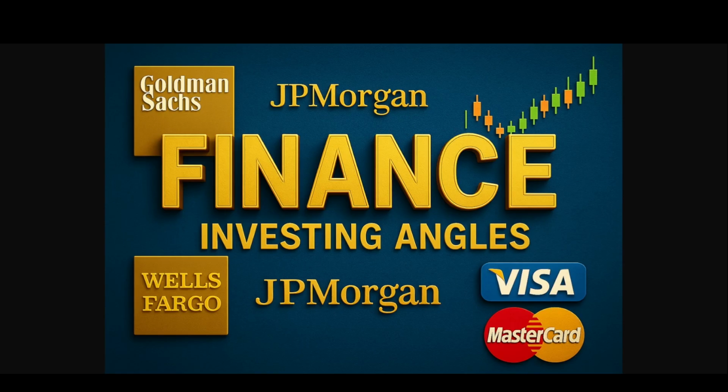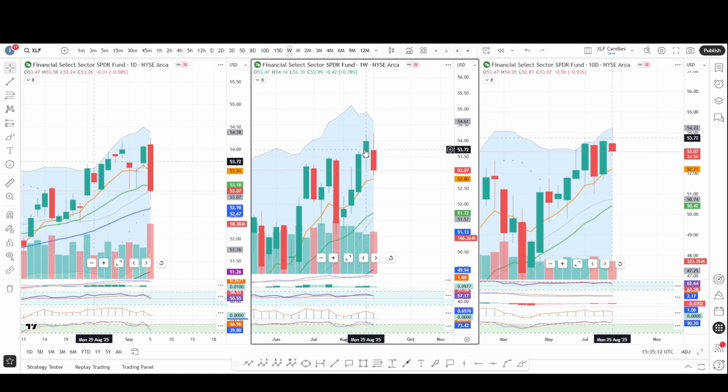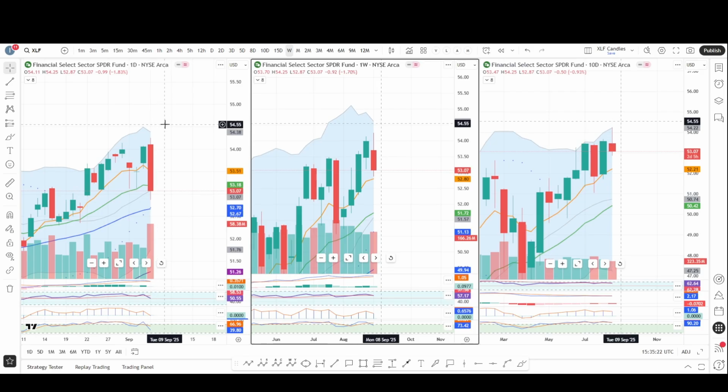And now let's talk about the financial sector. As we can see on the chart here, the daily closure on Friday was strong bearish with a very good chance to continue lower. And also on the weekly frame, we had a bearish inside down candle. However, I'd like to emphasize both candles require confirmation. Let's see what happens on Monday.